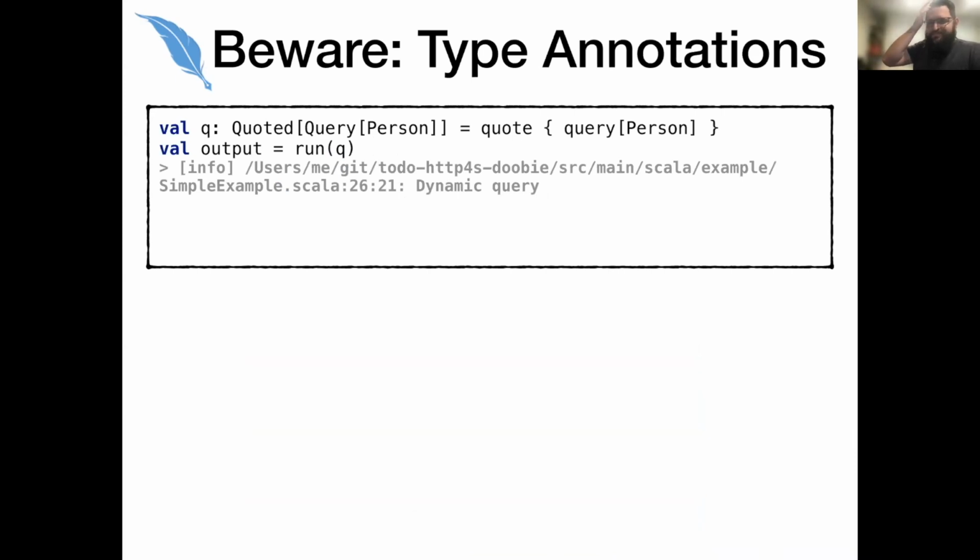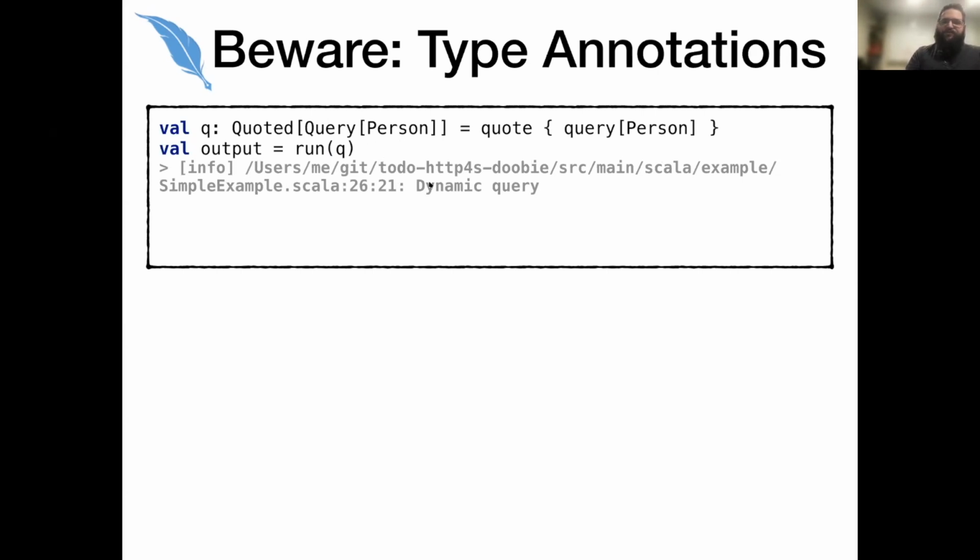So then, okay, one other problem. This was in Scala 2. In Scala 3, this is a little different. But in Scala 2, if you're assigning a variable to a query, you cannot give it a type. We call it a type annotation. You cannot give it a type, essentially.